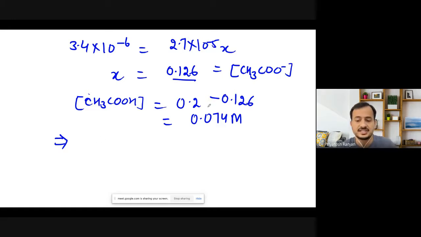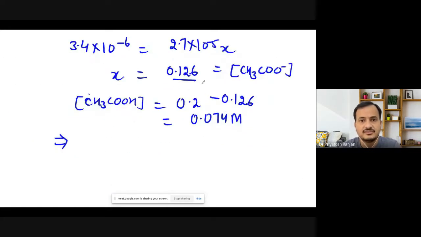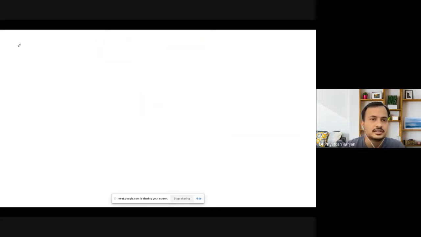And that's what we started from in the question, that I want to prepare 0.2 molar acetate buffer, and I want to know the concentration of acetic acid and acetate ions. So these are the values we get. Sorry, this is for the acetate, and this is for the acetic acid.